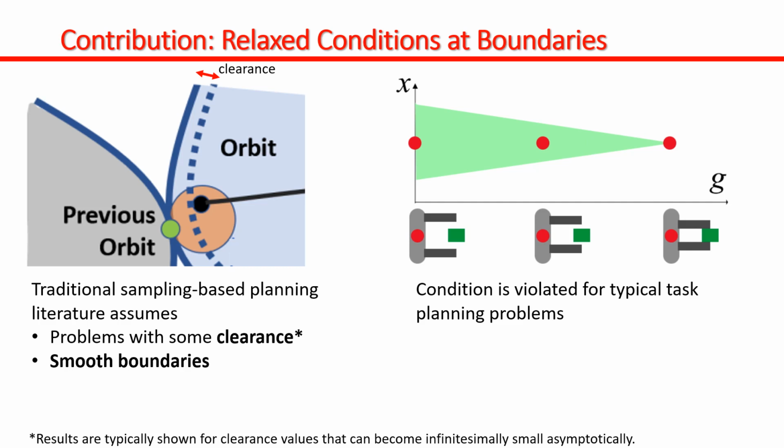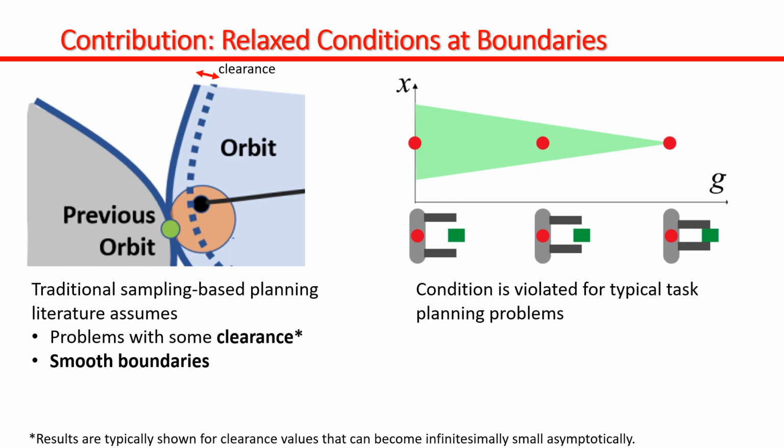And this is evident from the toy example shown in the figure on the right, where a toy gripper is free to move in the x-axis, with the dimension g representing the opening of the fingers. The point of grasp will lie at the apex of a triangle, which is necessarily not smooth.